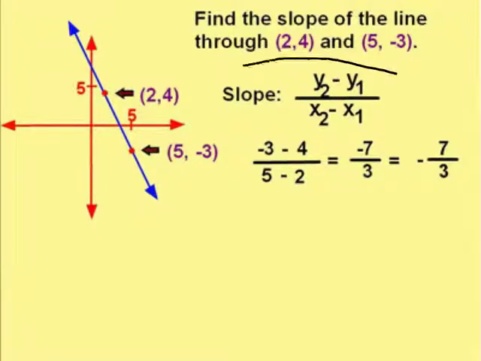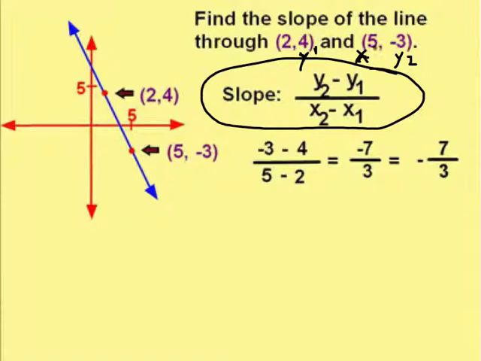Alright, using our slope formula right here, this is y of the second, this is y of the first. This is x of the second, and this is x of the first. So we plug those numbers into our formula. Y of the second is -3.